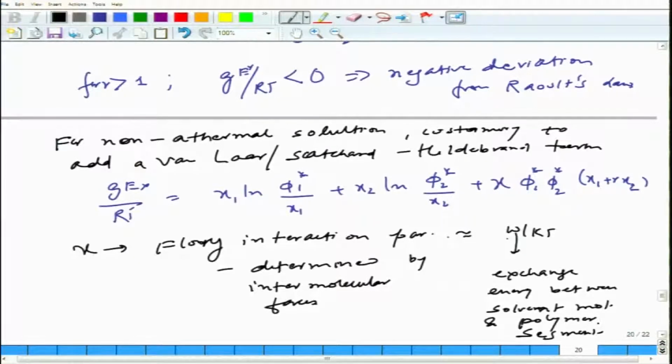Okay. So now given that you have this G excess available, you can obtain the activity as we have done in the earlier case. Of course I have not gone through the derivation in detail, but this is something you can directly use in order to solve polymer solution problems.